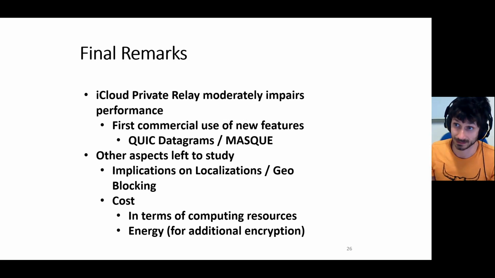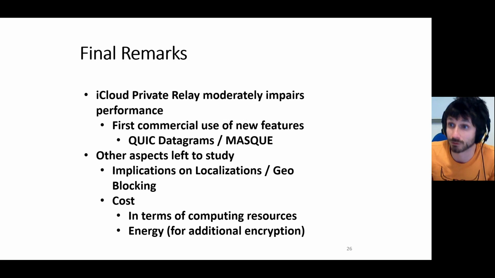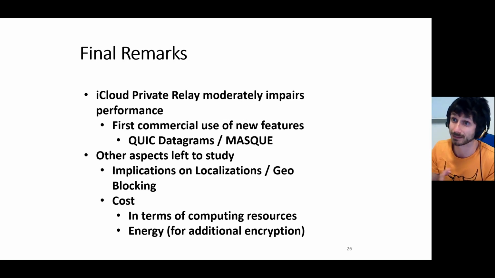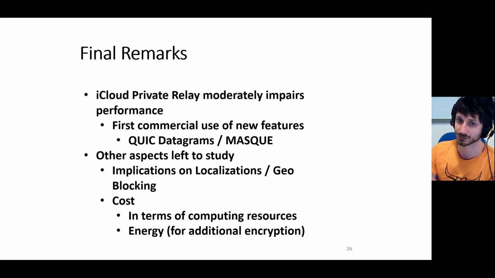And we can say that there are still some aspects to study if Private Relay becomes very popular. There are implications on the geo-blocking systems, as I said, and also this has a cost in terms of computing resources because you have more levels of encryption. There are implications on energy because the system consumes energy. So there is still much more to do to study completely the implications of this architecture.